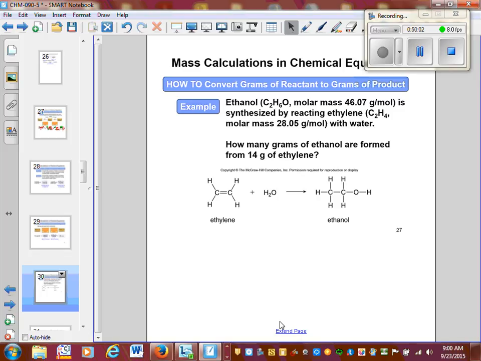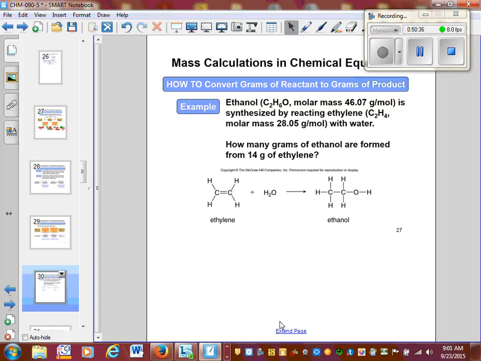We are starting off with what? Look at the problem. Grams of ethylene. So that's grams of A. So we're going to start here.